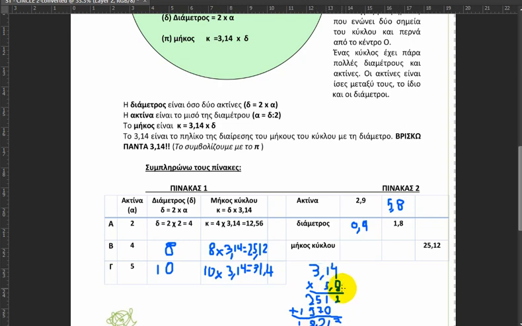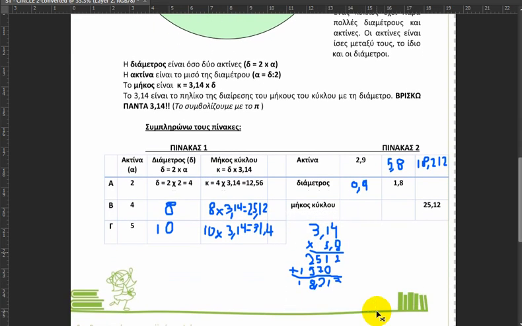There's 1, 2, 3. Yeah, that kind of confused me for a bit there. So 18.212. There we go.